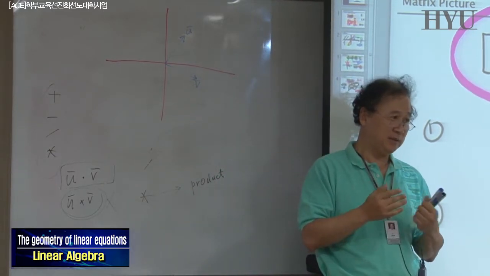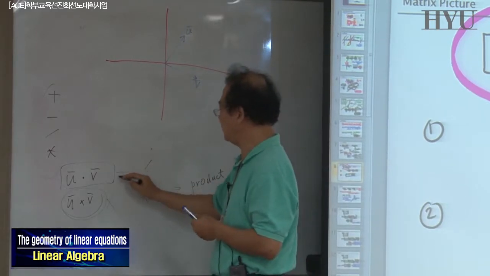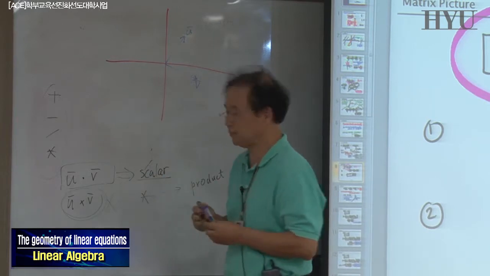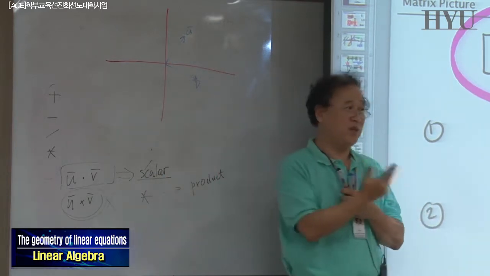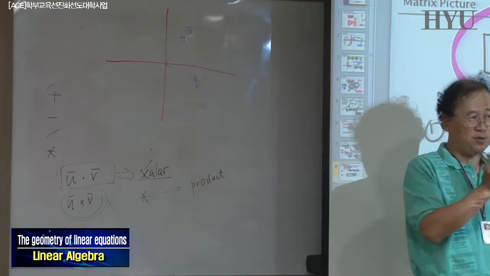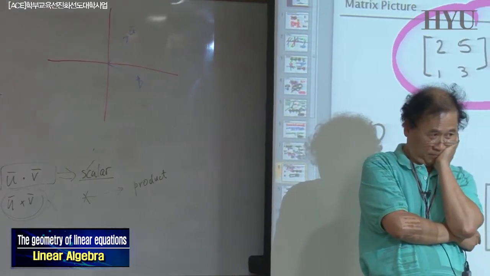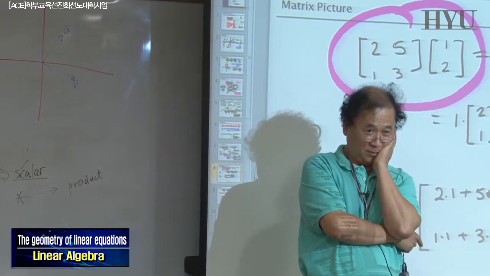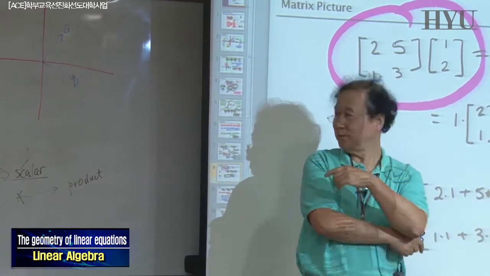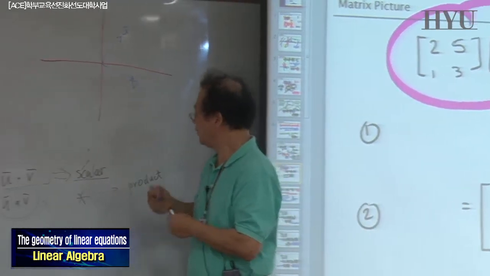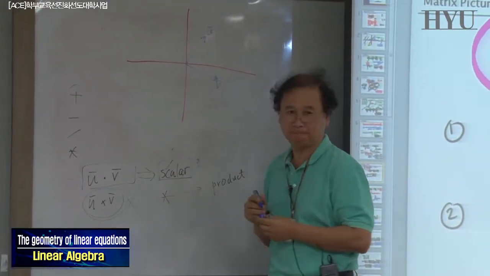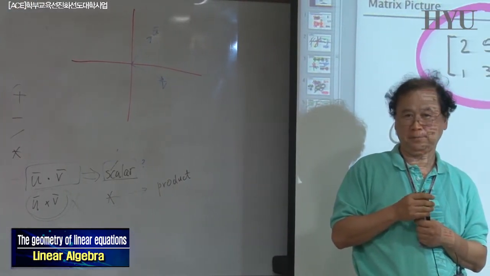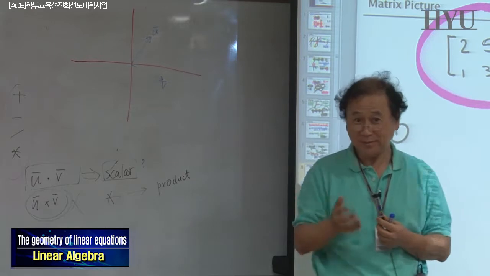Scalar or vector? Scalar, right? In this diagram, what's the meaning of this scalar? What does it represent? What's the meaning of this? Can you speak up?